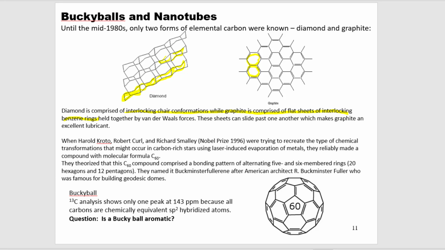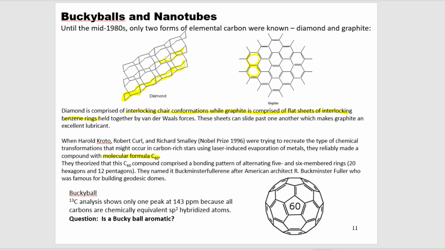Well, Harold Kroto, Robert Curl and Richard Smalley shared the Nobel Prize in 1996 for discovering a different type of carbon infrastructure. They were trying to replicate carbon-rich stars using laser-induced evaporation of metals, and they reliably formed a compound with a molecular formula of C60.